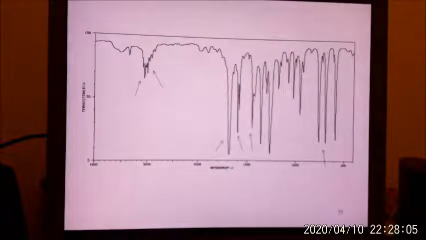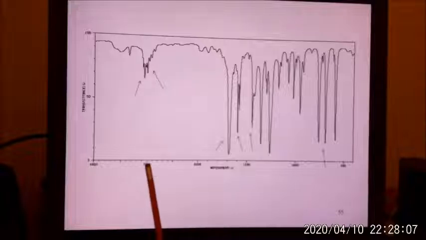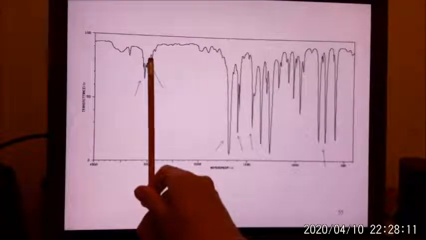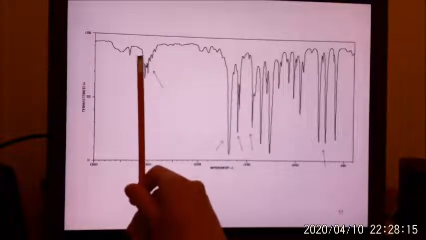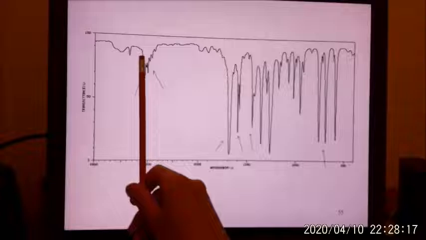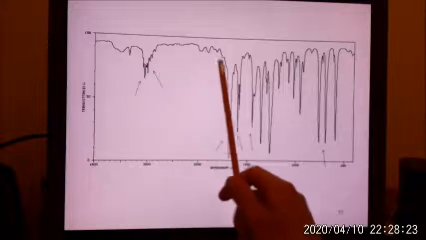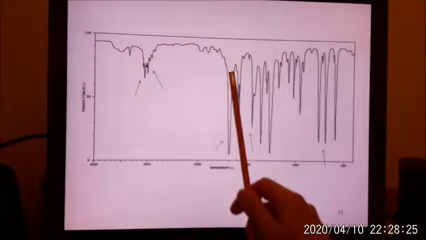Okay, what about this guy? Oh, okay, so above 3,000, I have some sp2 CH peaks. Okay, below 3,000, I have some sp3 CH stretches. Okay, and then that's noise or impurity.